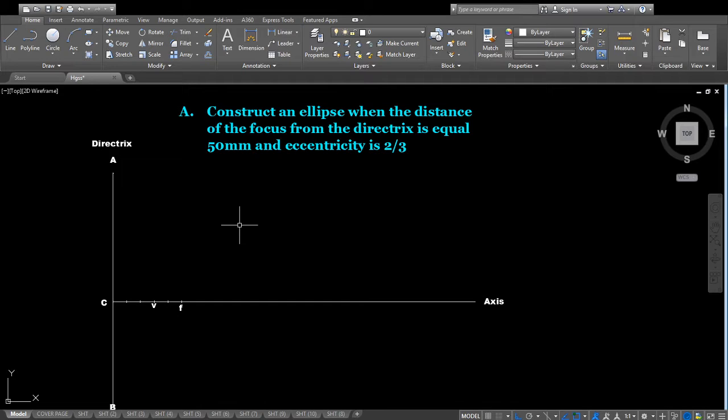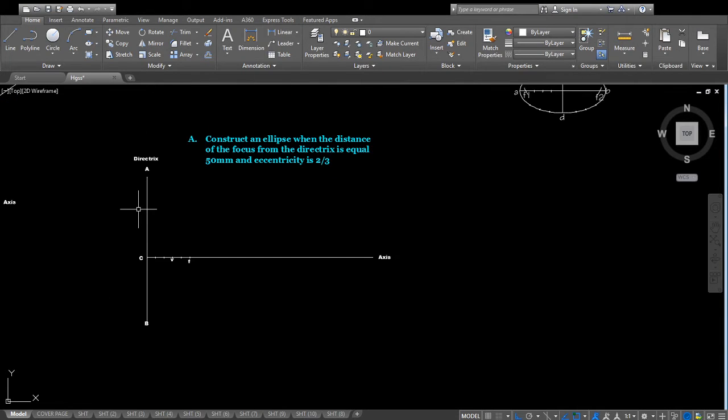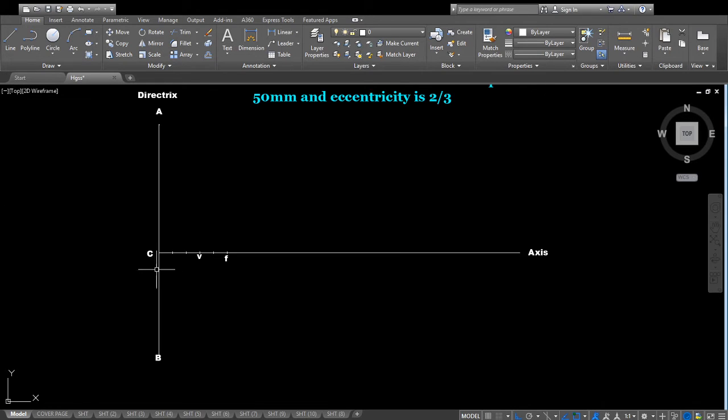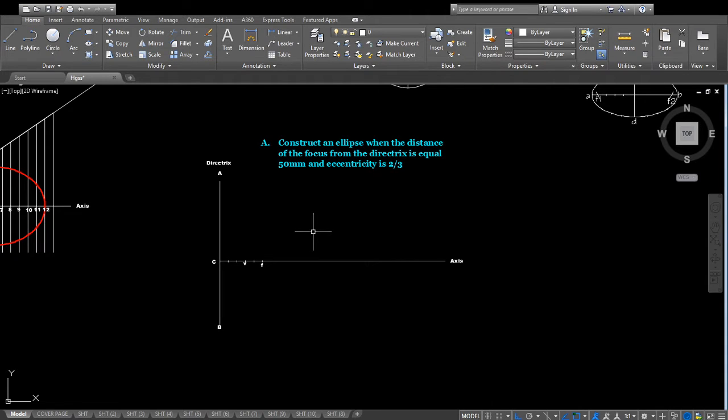Now as usual, the distance of the focus from the directrix has been given to us, which is 50 mm. As usual, we draw our major axis, which is along the axis. Now this is the directrix, AB is the directrix, and this line C is the axis.